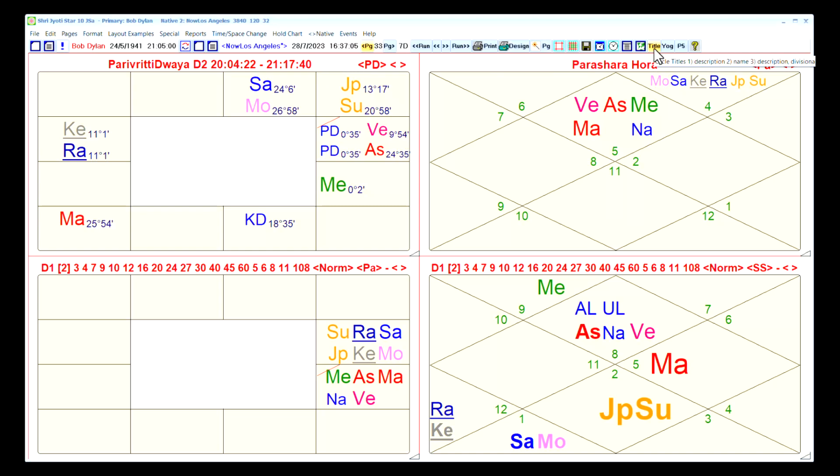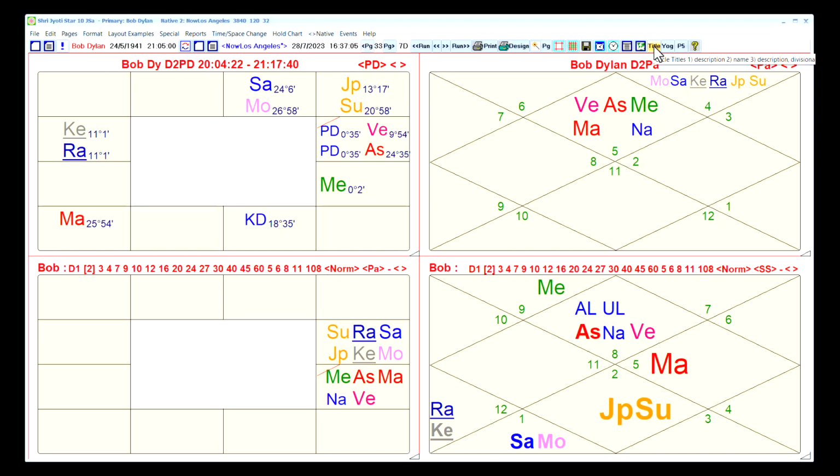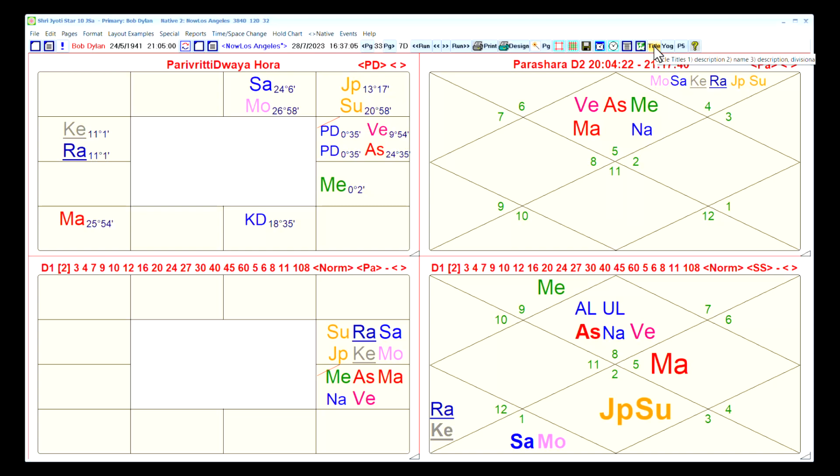You can change the title in various ways, but one way of cycling the titles on the whole page is to click the button. So there are versions where it's just the description with the short form, and the name of the person and the short form. Then there's the description and the rising time of the ascendant.